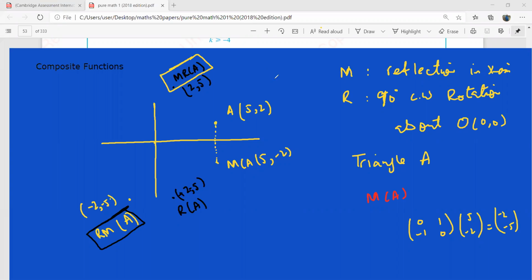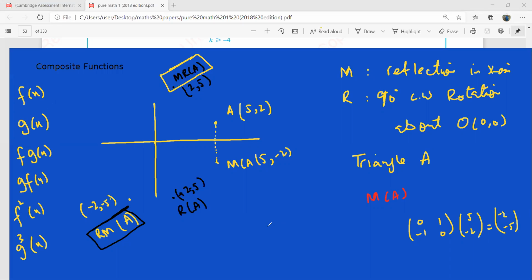So these functions are operations like these transformations. If you have a function f of x, and then there is a function g of x, you might have to find fg of x or gf of x, or maybe f square of x, or maybe g cube of x.